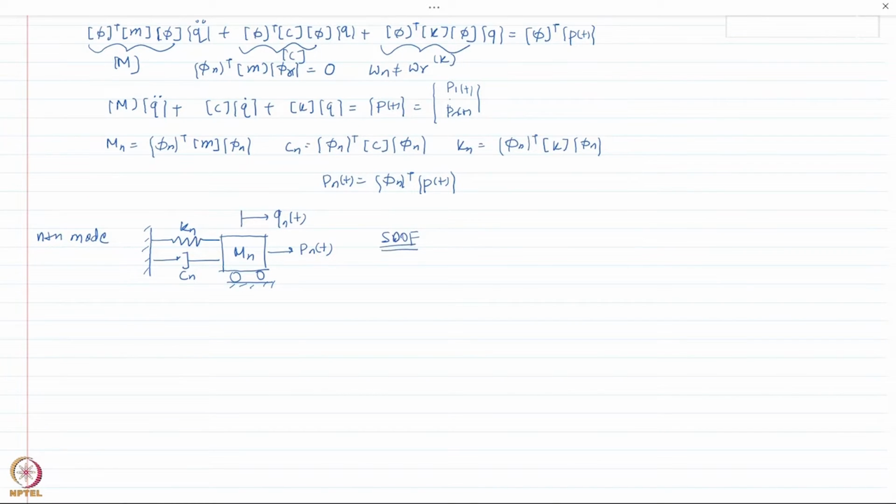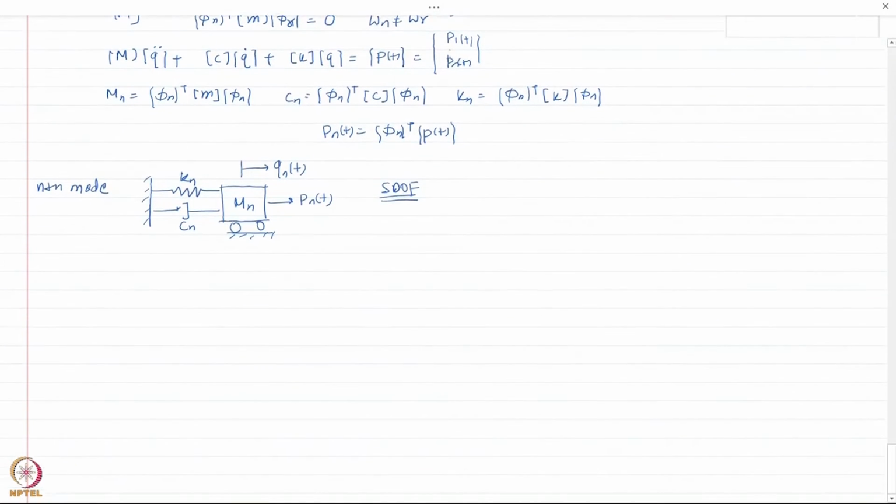So what we have been able to do is reduce my multiple degree of freedom system, which was in terms of displacements at degrees of freedom 1, 2, 3 as u1, u2, u3, and so on up to un, to n single degree of freedom systems with coordinates q1, q2, qn.